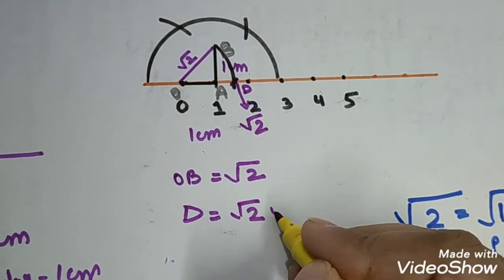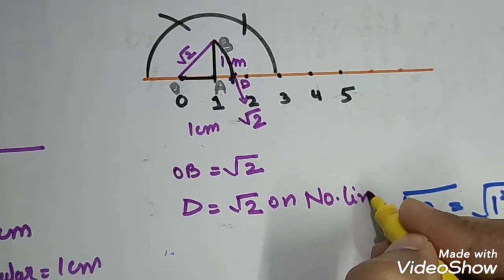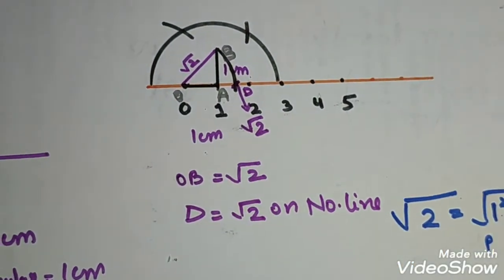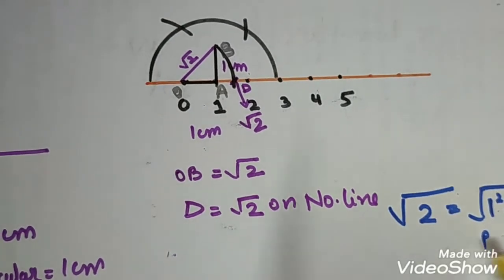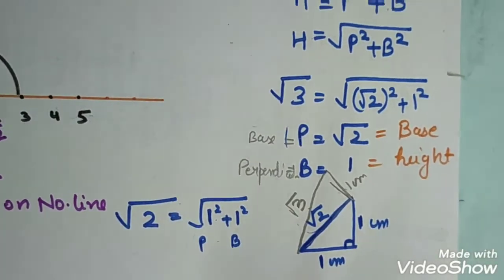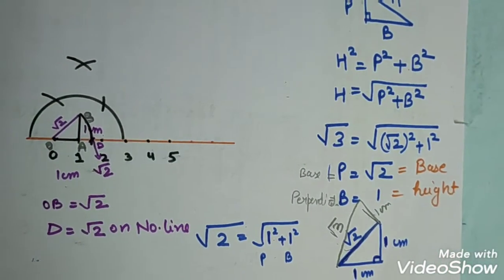Root 2 on number line. This is how you can also make square root 2 on number line. Now our next step is to make root 3 on number line. So this is going to be our next step.